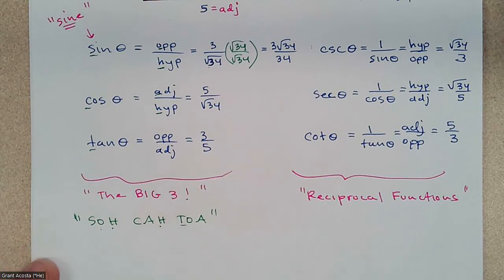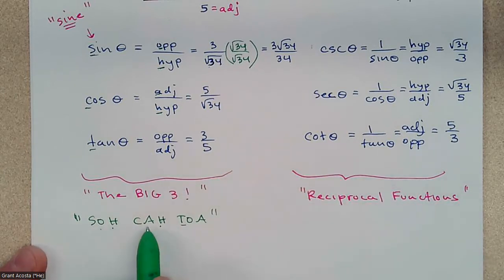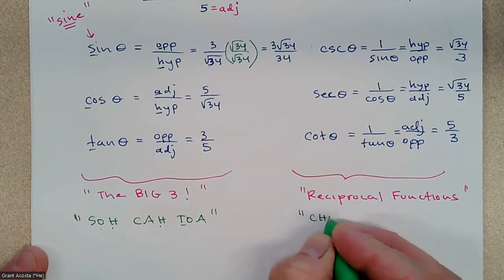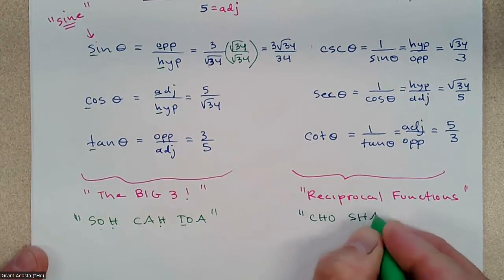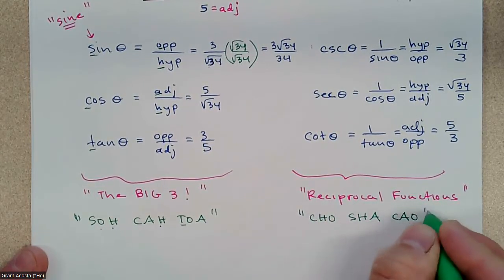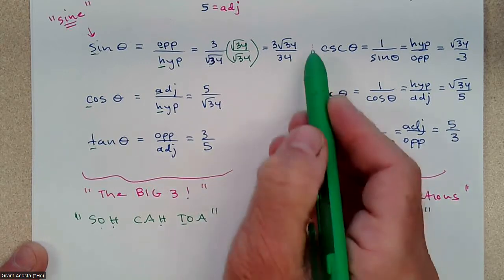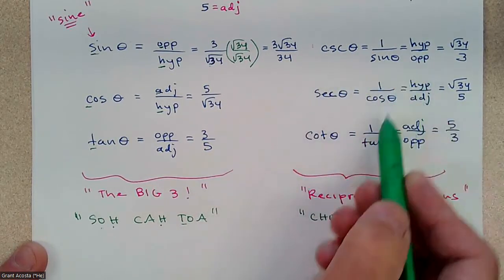I think it's always funny that most people know SOHCAHTOA, but they don't teach you the other one, which is, I suppose, CHOSHACAO. I don't know how to pronounce that. I guess you could do that, right? Cosecant is hypotenuse over opposite.